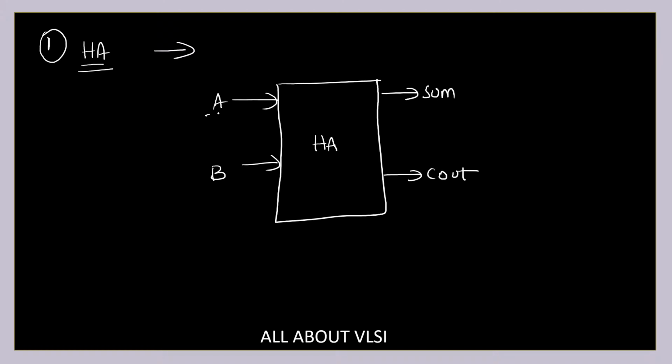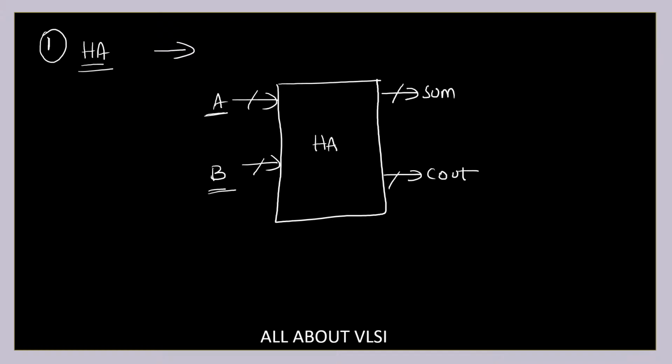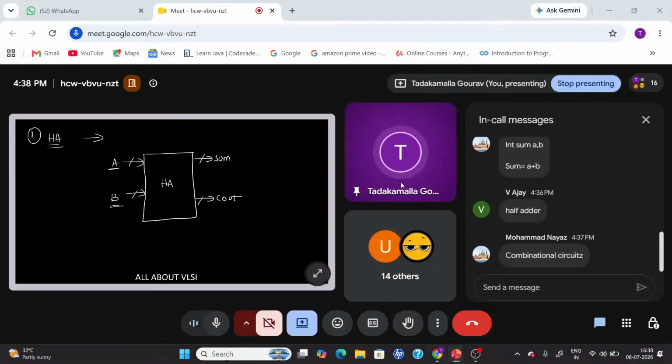Can anyone tell me what is the number of bits A and B are of, and how many bits Sum and Cout are? For a simple half adder, simple question.